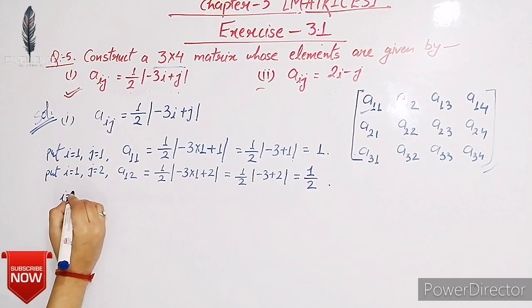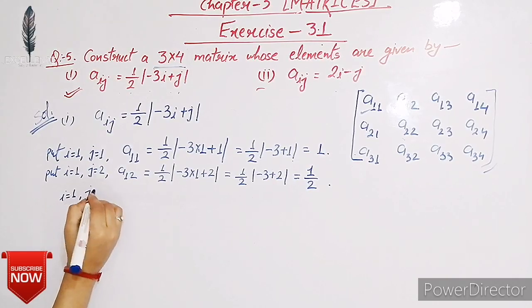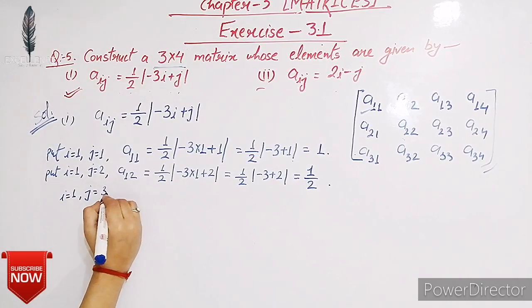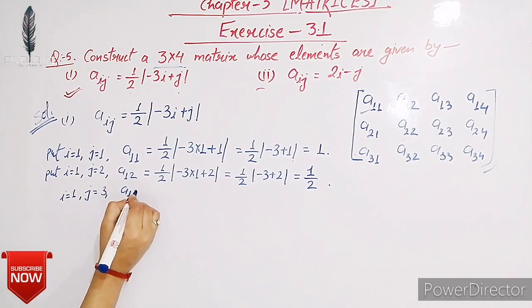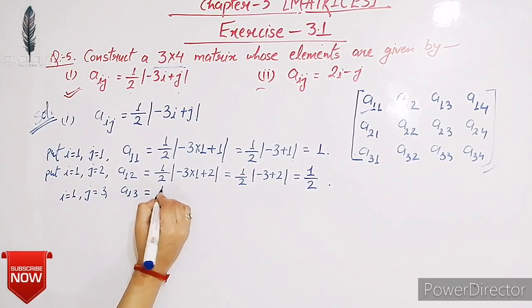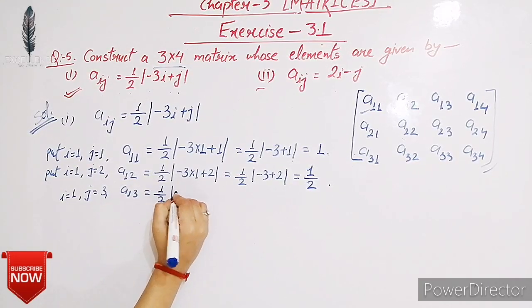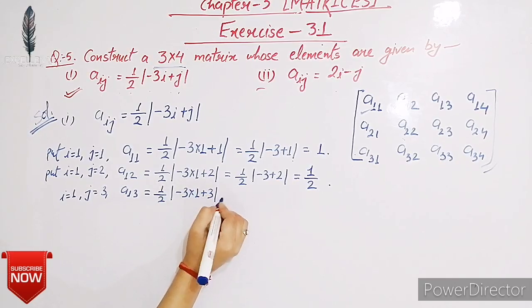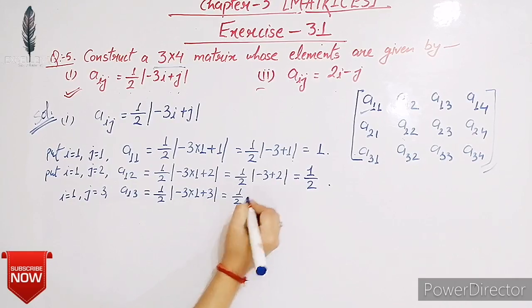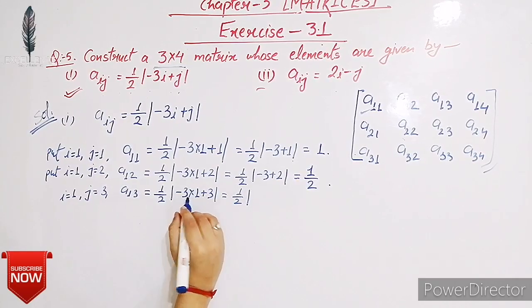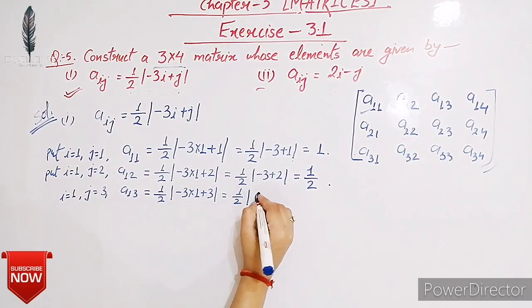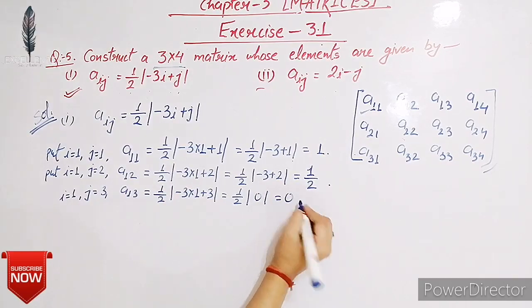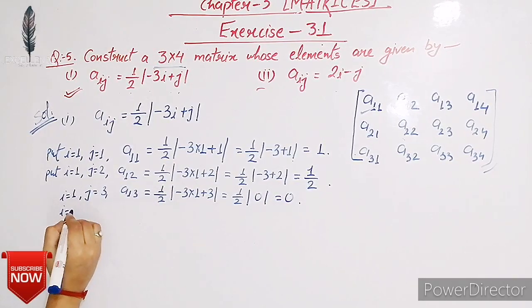Next, put i equals to 1 and j equals to 3, that is A13 is equals to 1 upon 2 minus 3 into 1 plus 3 is equals to 1 upon 2 minus 3 plus 3, that is 0. So, our this element is equals to 0.